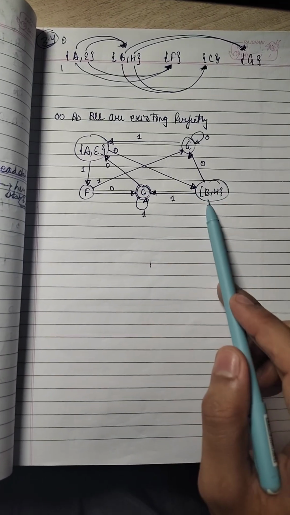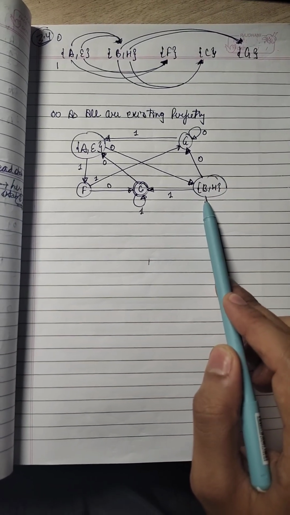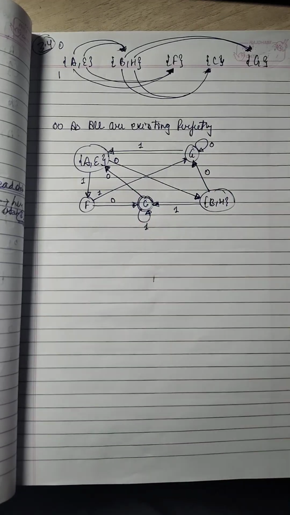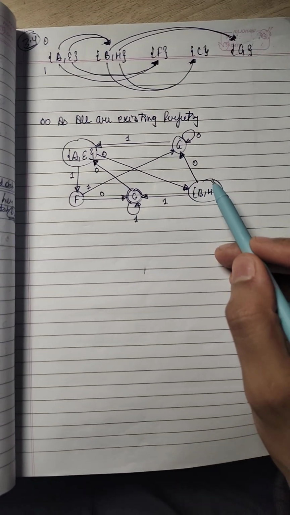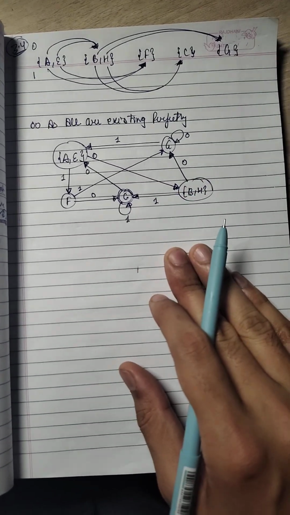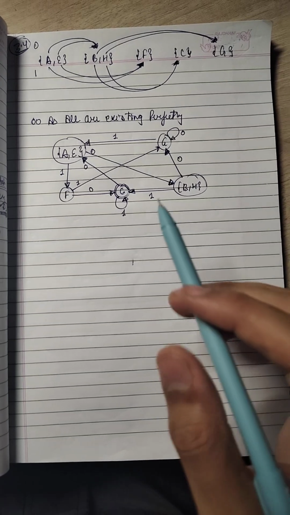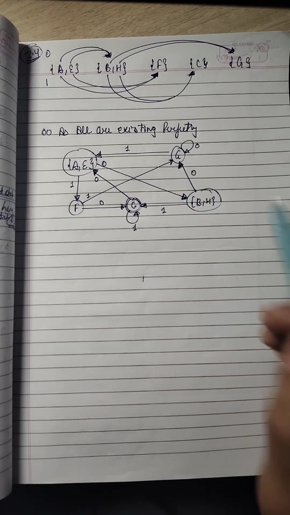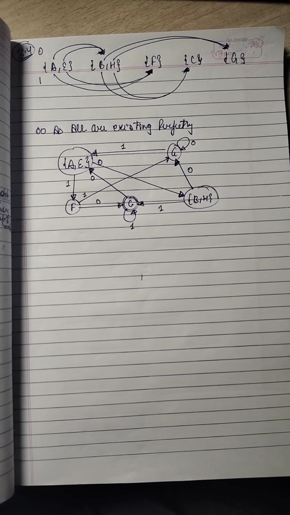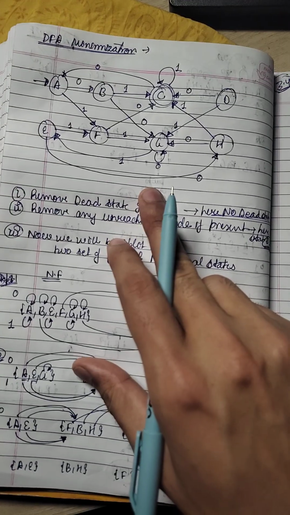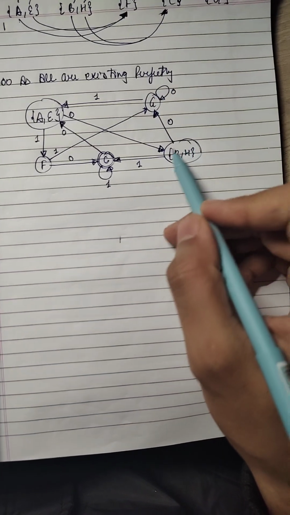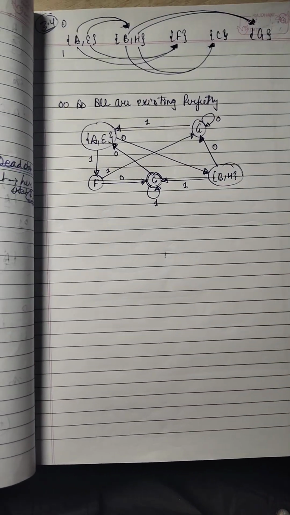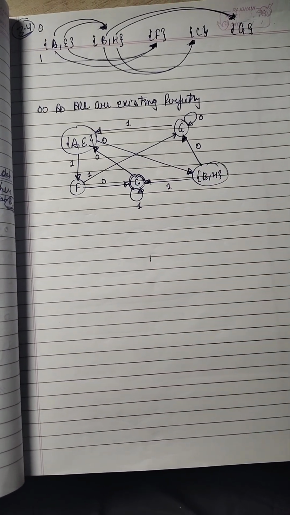As both B and H states behave the same, and similarly A and E states behave the same, we have placed them in a single state. Similarly you can make this DFA. And also note that if in the set there is even a single state which is a final state in the main DFA given in the question, then the whole combined state will also be the final state.